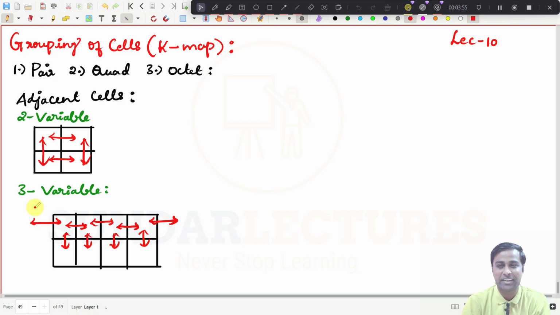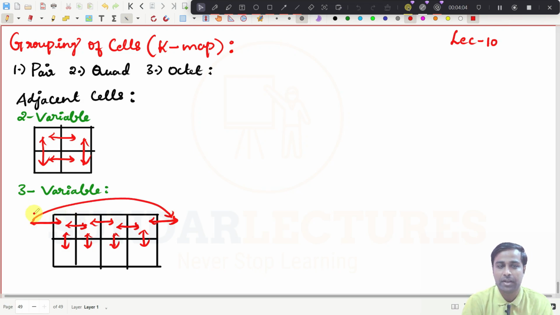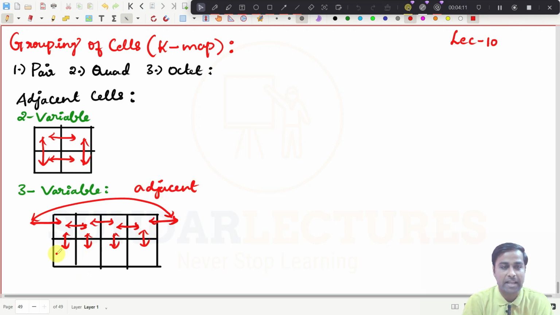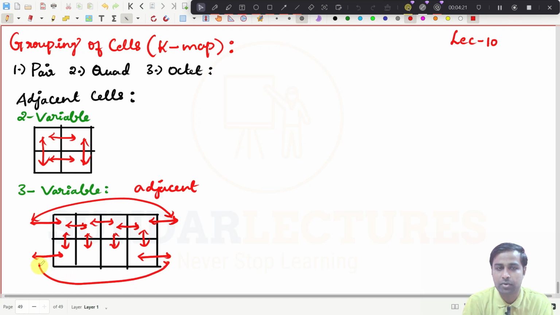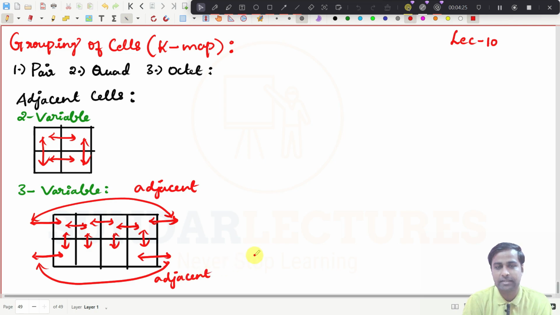Try to understand, if you fold like this, these two cells are adjacent. That is the idea I want to tell you. These two are adjacent cells, as well as this cell and this cell. These two are also adjacent cells, right? This is the whole idea.